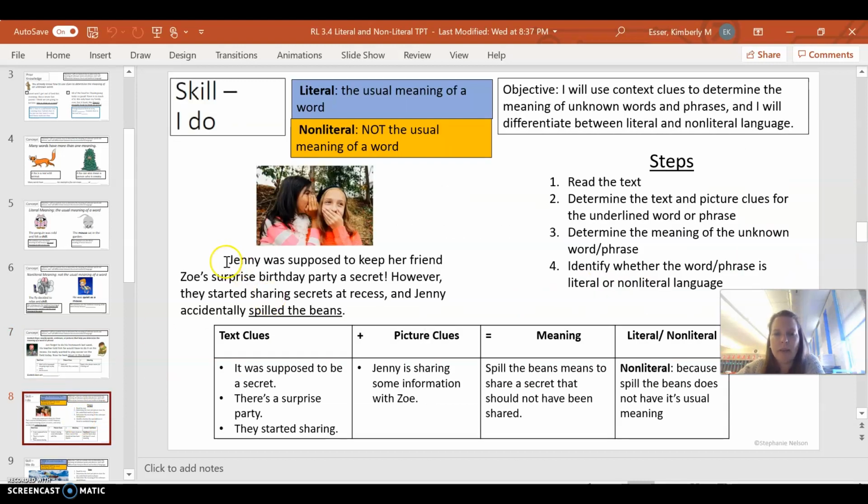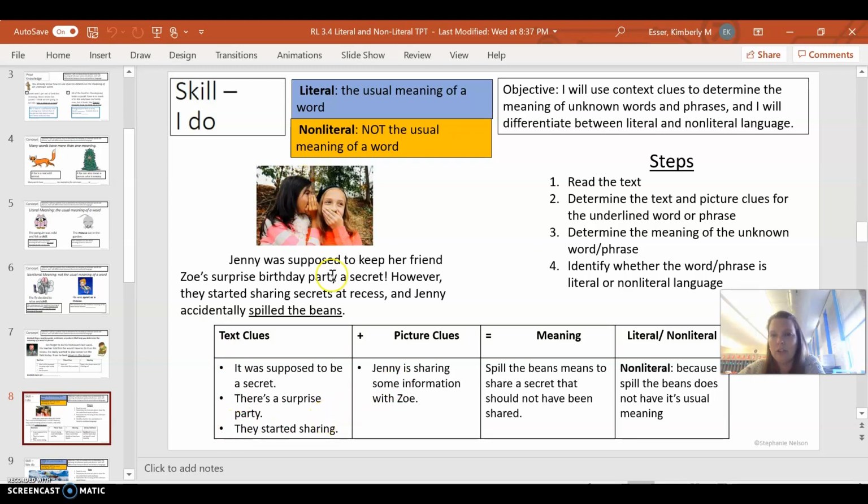Jenny was supposed to keep her friend Zoe's birthday party a secret. However, they started sharing secrets at recess and Jenny accidentally spilled the beans. Okay, so look at our story. It looks like they're whispering to each other, telling secrets. So the text clues: it's supposed to be a secret, there's a surprise party, and they started to share.